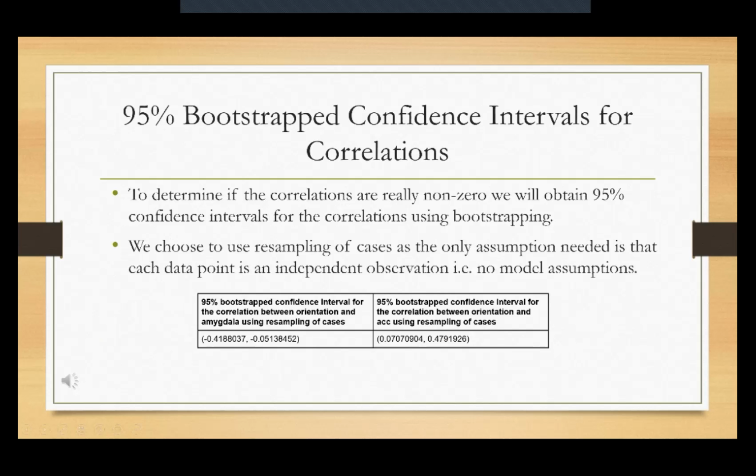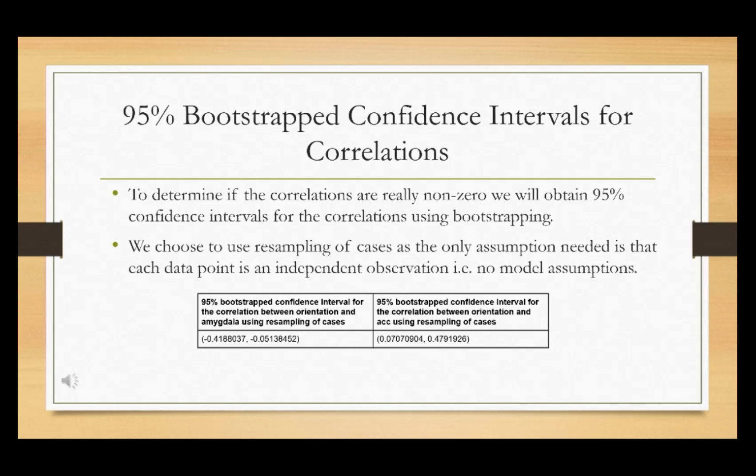To determine if the correlations are really non-zero, we obtain 95% confidence intervals for these correlations using bootstrapping. The approach we chose was resampling of cases rather than resampling of residuals, as the only assumption we need for resampling of cases is that each data point is an independent observation, where for resampling of residuals, assumptions about the underlying model are needed.